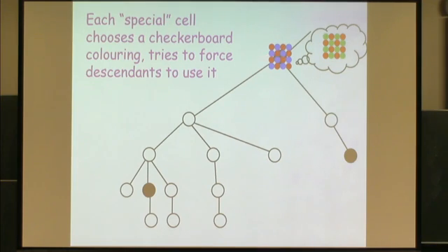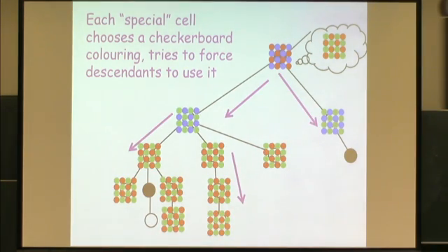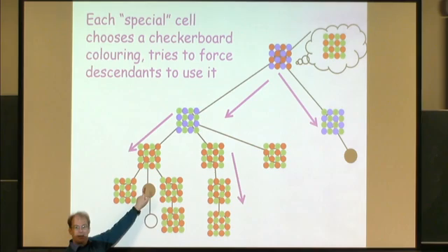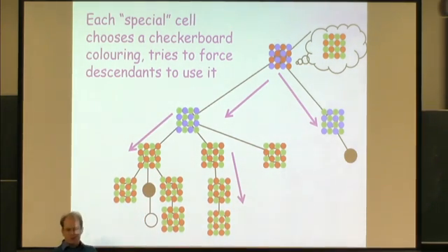So maybe he himself is actually forced to use this, but he doesn't mind. He knows he can transform this to this in a suitable number of steps. So you work down from that special guy, and in the first step you can go to this, but then in the second step you can go to this dream coloring that he really loves. So everyone below him he forces to use this, until we get to another special guy, and then this special guy gets to take over this process for the guys below him. So that's the idea.